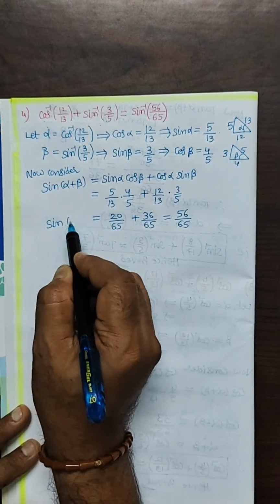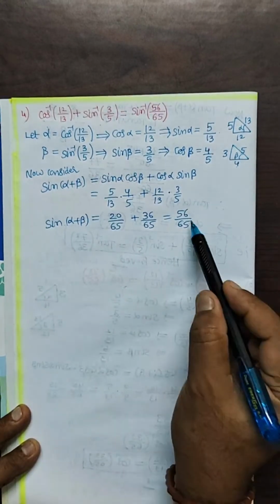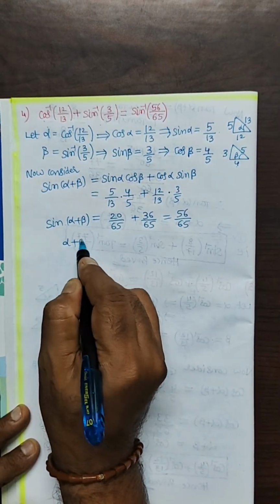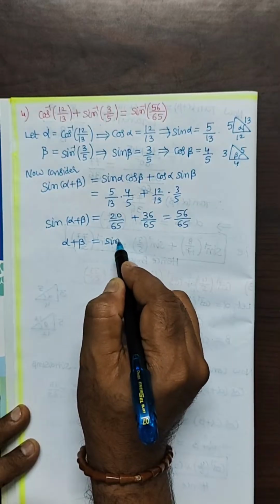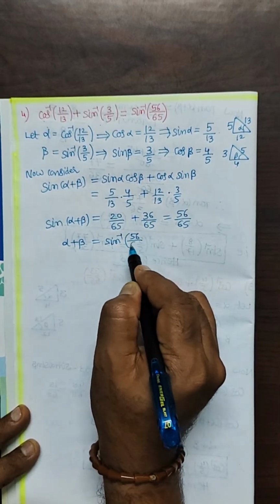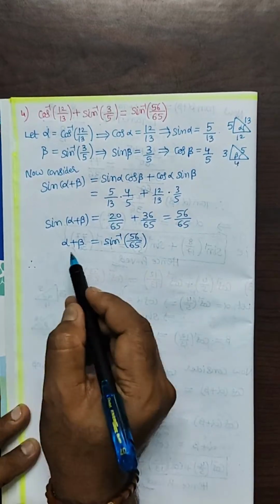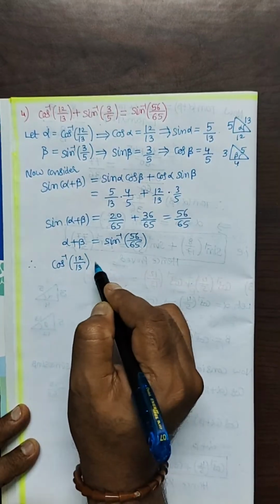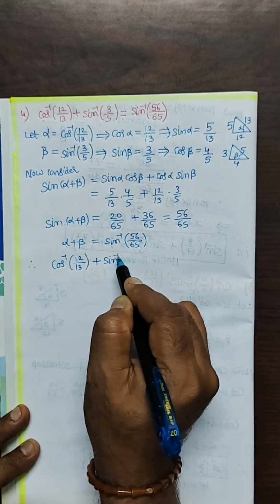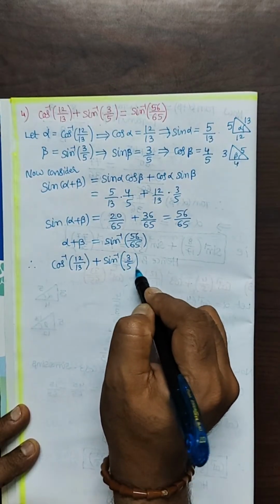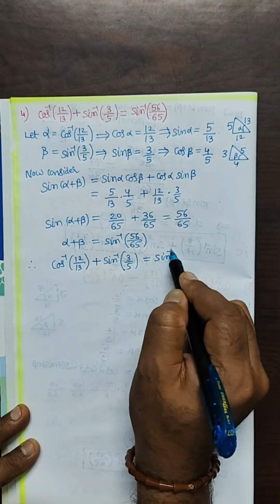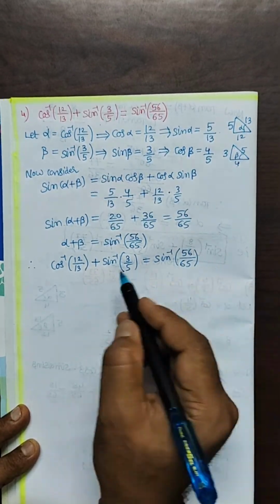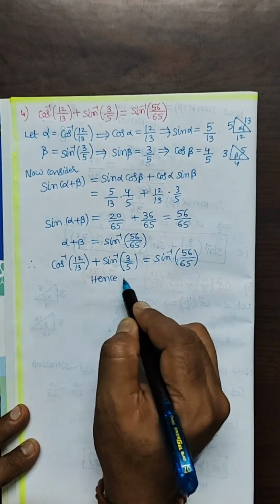So sin of alpha plus beta is equal to 56 by 65. Now sin bring this side, alpha plus beta is equal to sin inverse of 56 by 65. Therefore, cos inverse of 12 by 13 plus sin inverse of 3 by 5 is equal to sin inverse of 56 by 65. Hence, proved the result.